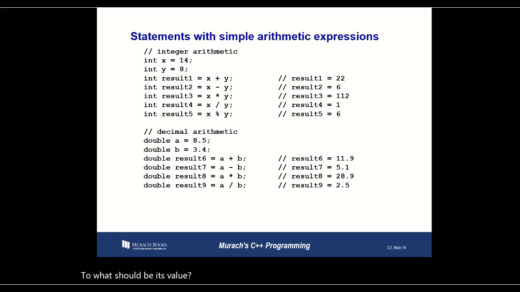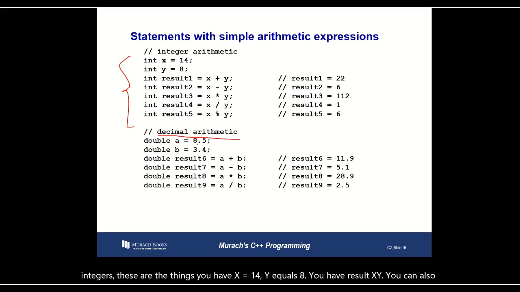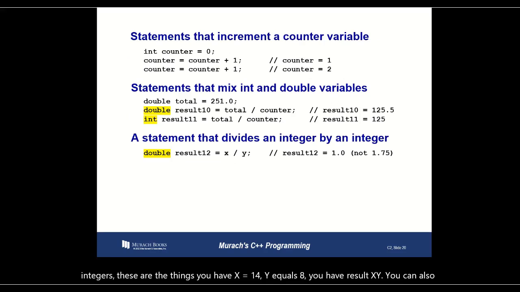Now you can have statements with simple arithmetic operations, expressions like this for integers. You have x equals 14, y equals 8. You have result equals x plus y. You can also see the decimal arithmetic, where you are just adding them up as far as the decimal laws. The increment, how do you increment a value?